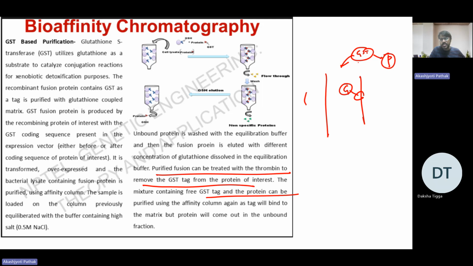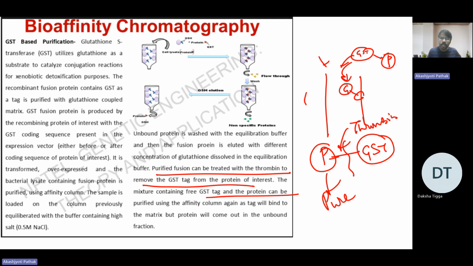This protein will bind to this glutathione, and then for eluting, you add increasing concentration of reduced glutathione. Your protein will also have the GST fused to it, so to remove the GST from the protein, you add thrombin. Your thrombin will cleave the GST from the protein and you will get the pure protein.